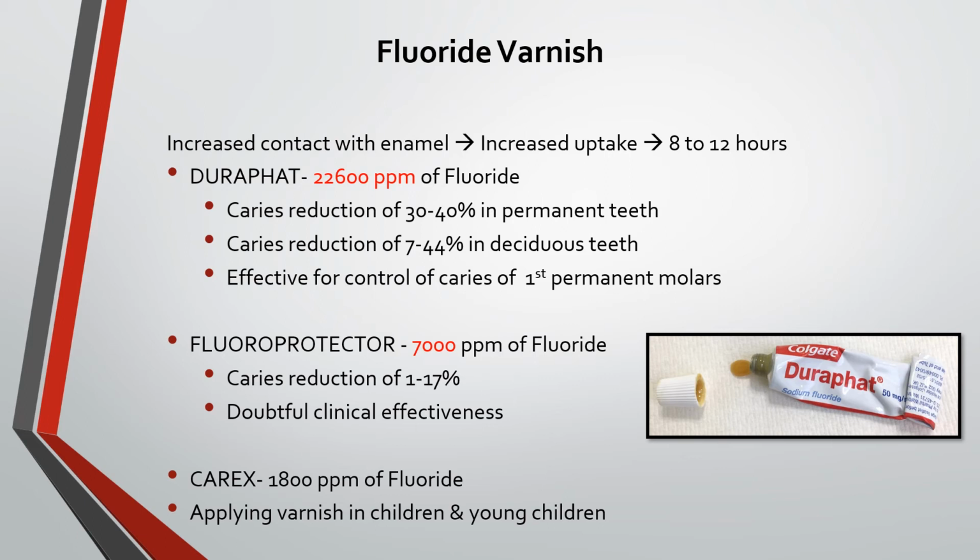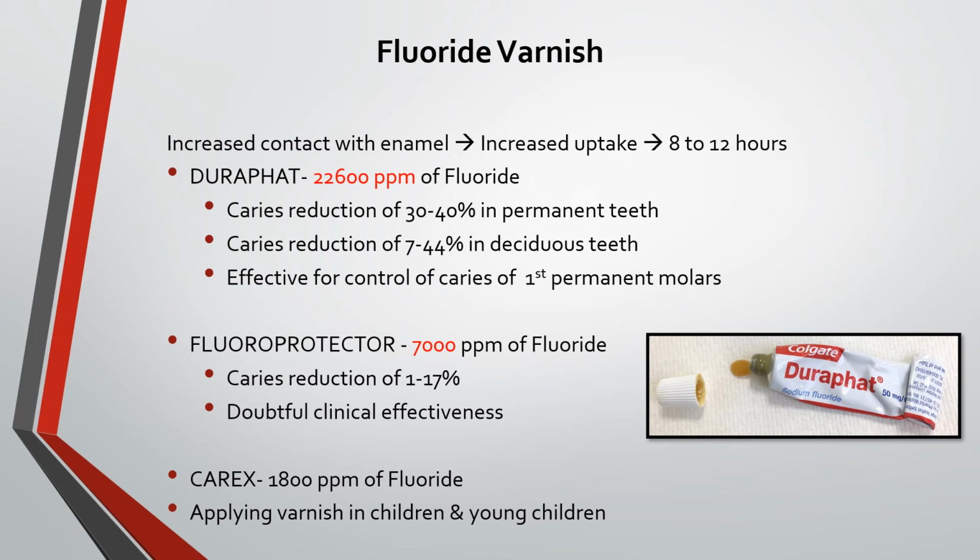This increases the contact time of enamel with the fluoride, because the thin layer remains on the enamel for up to 12 hours, and therefore the enamel has so much time to take up the fluoride. So this was one of the advantages of fluoride varnish.